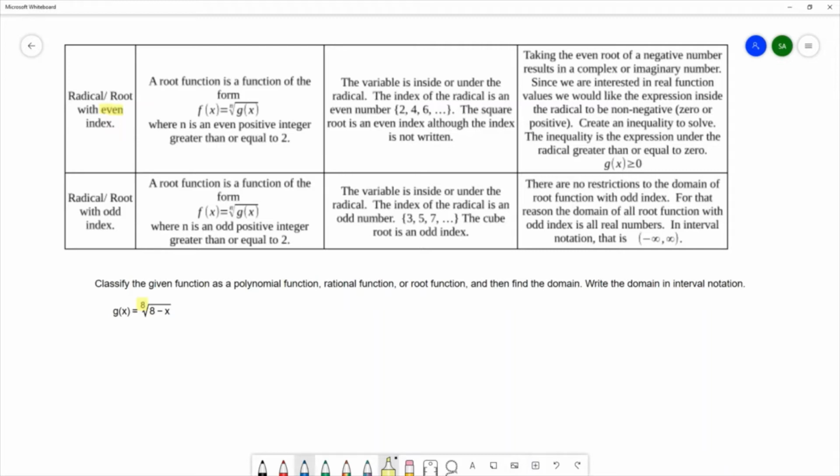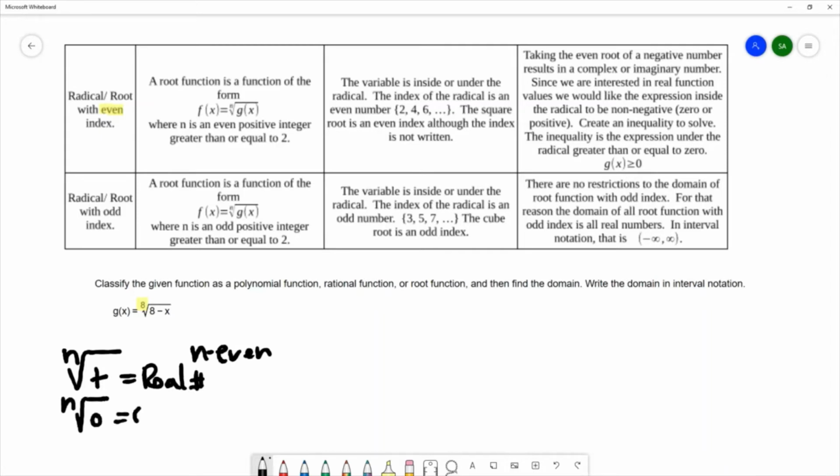Now, the significance of it being an even root has to do with the domain. If you have the even root, the nth root where n is even, of a positive, that will give you a real number. If you have the even root of 0, that's going to give you 0, which is a real number.